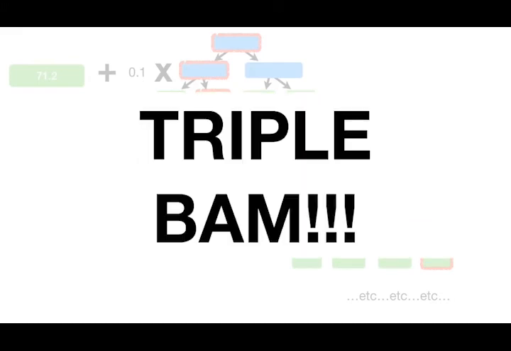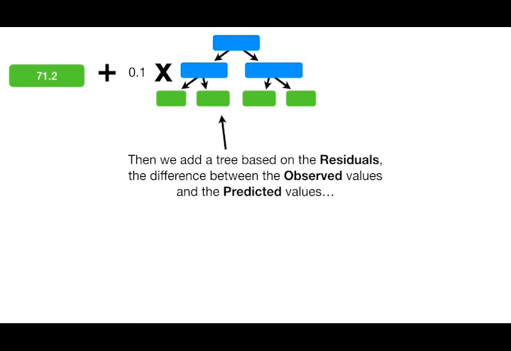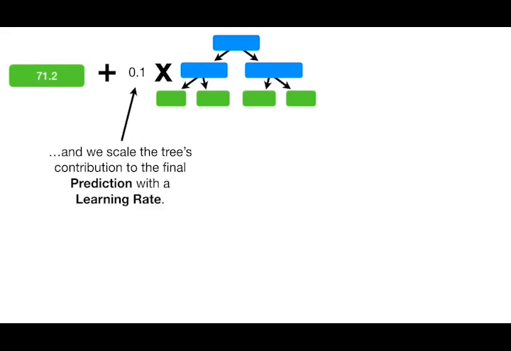Triple bam! In summary, when gradient boost is used for regression, we start with a leaf that is the average value of the variable we want to predict. In this case, we wanted to predict weight. Then we add a tree based on the residuals, the difference between the observed values and the predicted values.